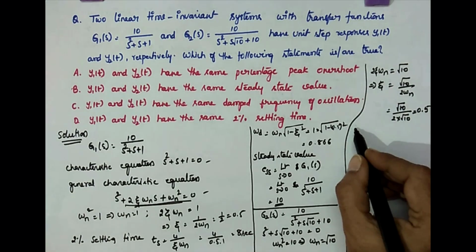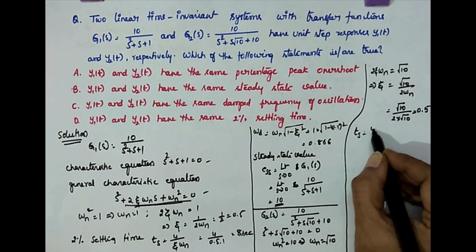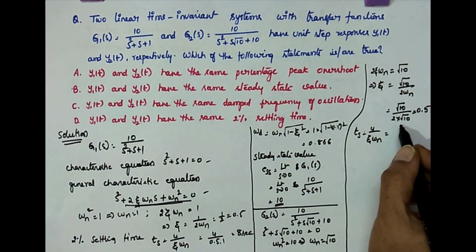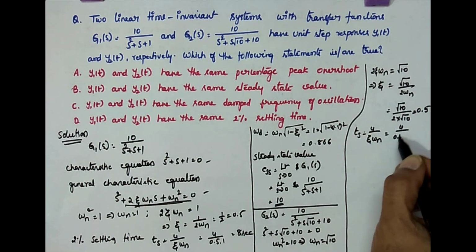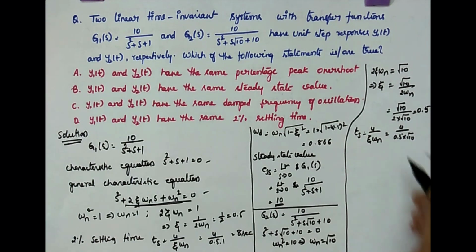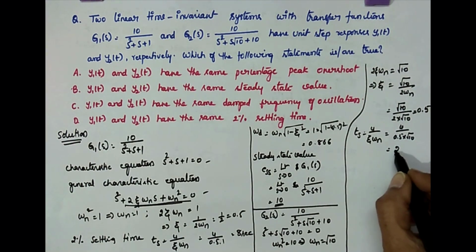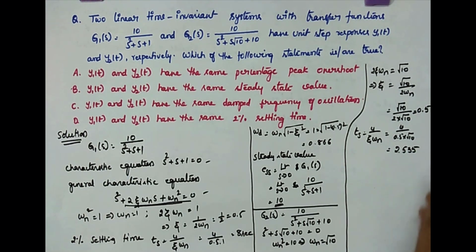Then your 2% settling time Ts is equal to 4/(δωn), 4/(0.5 × √10). That is 2.535.